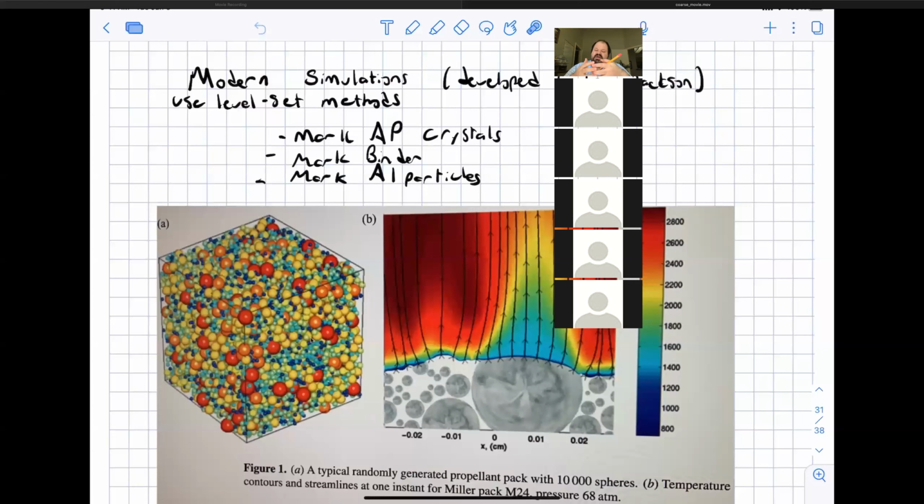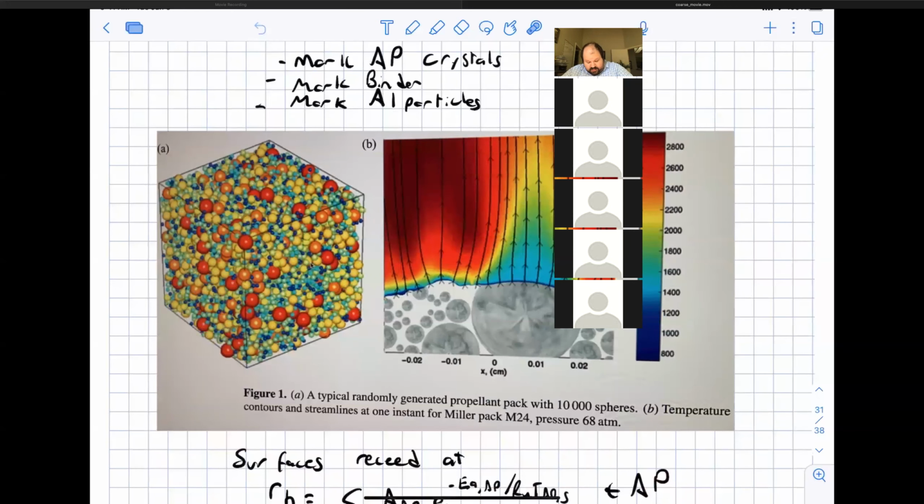Except instead of marking a detonation surface, what Tom did was develop it to mark the surface of all the different ingredients of the propellant. So there's a level set for the surface of the ammonium perchlorate. There's another level set for the surface of the aluminum particles.